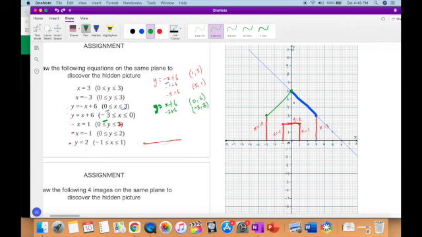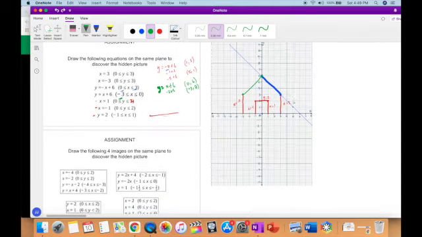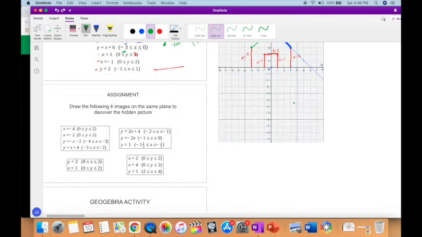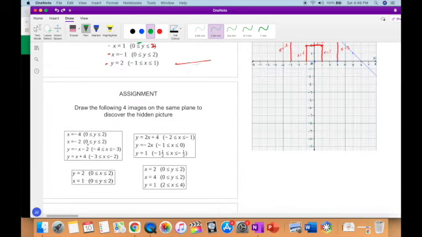So this is coordinate geometry, the introduction to coordinate geometry. So your assignment for Tuesday is to do this one, and you see here that you have to draw 4 images, right? But you have to draw them on the same plane to discover a picture. And I cannot remember what this one is.